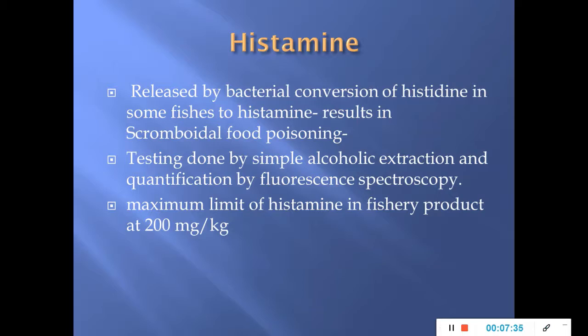Histamine is mainly produced in human bodies, when we get allergy. But at the same time, in fishes also, as a result of scombroid food poisoning, the histidine amino acid might be converted into histamine, and that could be toxic to the fish industry, the fish food.